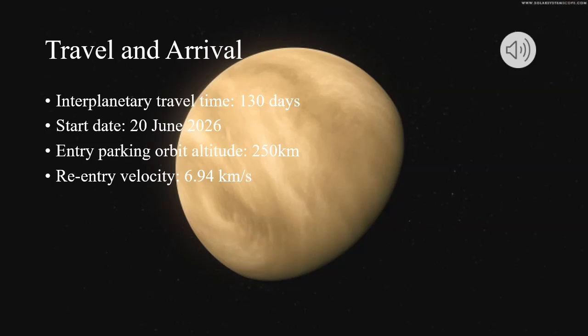Considering the height, but also the previous missions' entry parking orbit altitude, we chose to perform our reentry at an altitude of 250 kilometers with a reentry velocity of 12.2 kilometers per second.